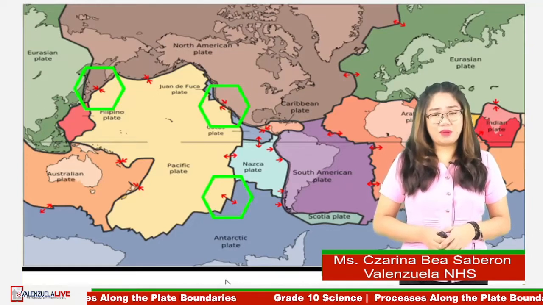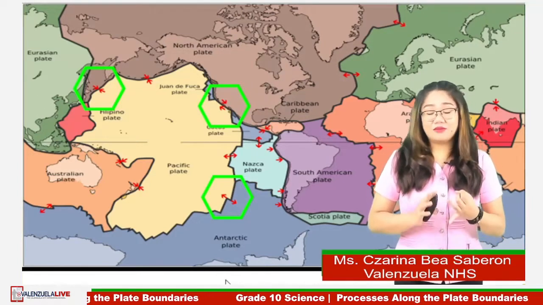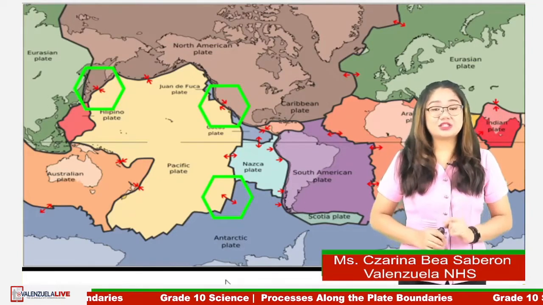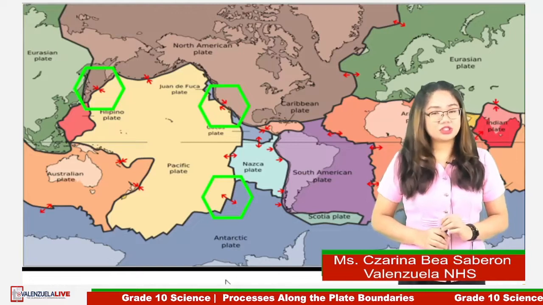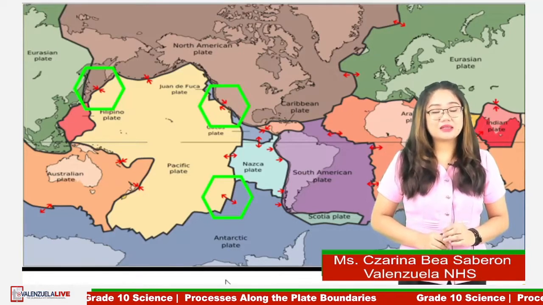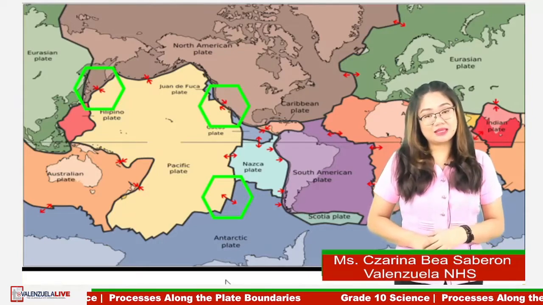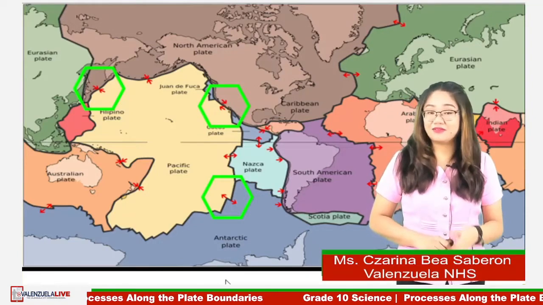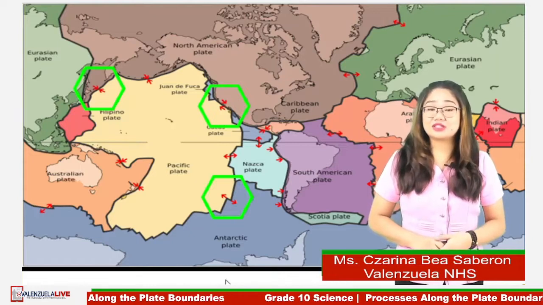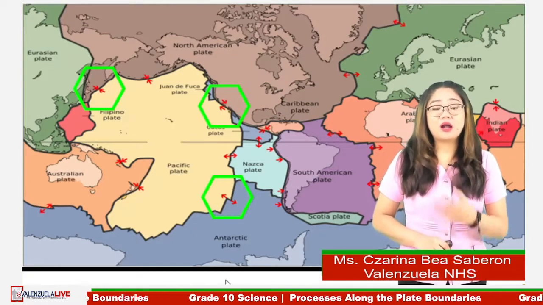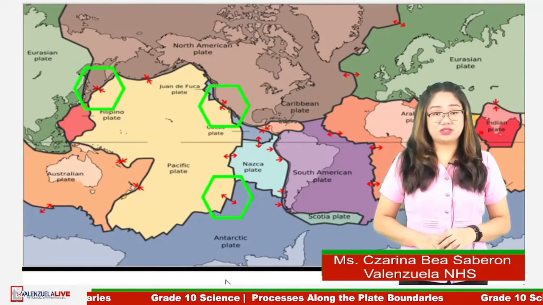And if you could remember, mountains, volcanoes, and earthquakes all occur at the edges of the plate boundaries, which actually gives us a hint that plates do really move, and that there are different mechanisms and several processes and activities happening along the edges of the plate boundaries, which leads to the formation of the 4 mentioned geological features.